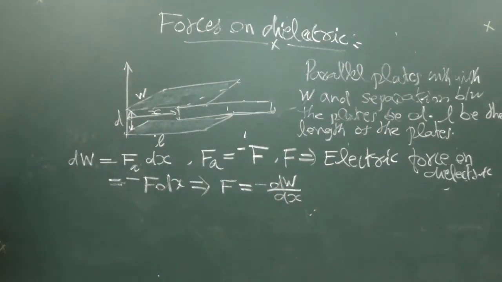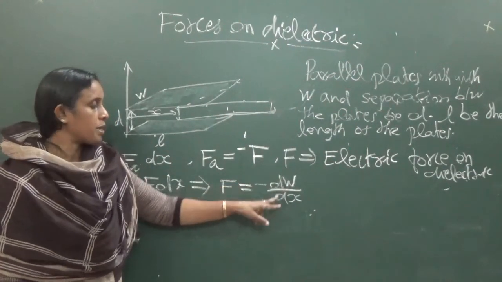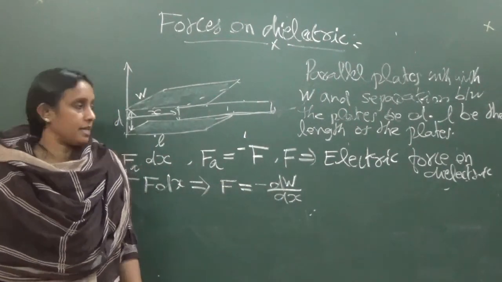So the electric force on the dielectric is given by minus dW by dx.